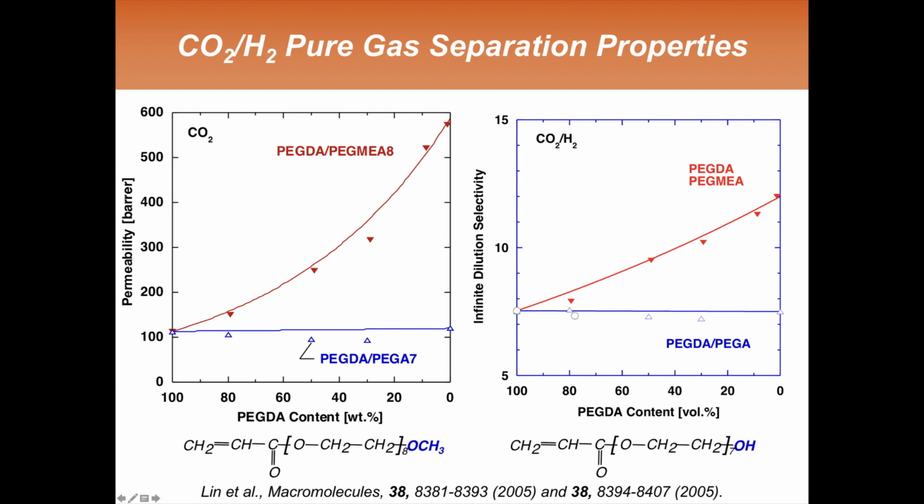In the family of materials where there's a copolymerization between the diacrylate cross-linker and this hydroxy-terminated monomer, there's almost no change in CO2 or hydrogen transport across the entire composition window of those materials.